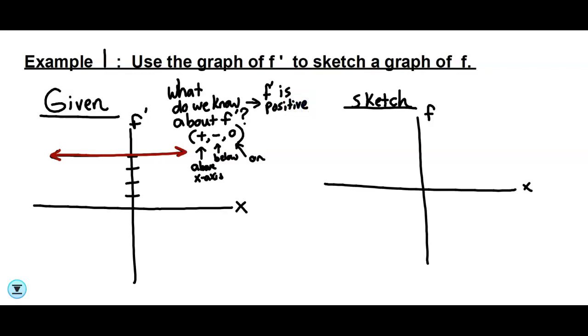And what did we say on the last slide? We said that if f prime is positive, that means something about f. So what does this mean about f? If f prime is positive, then f is increasing.